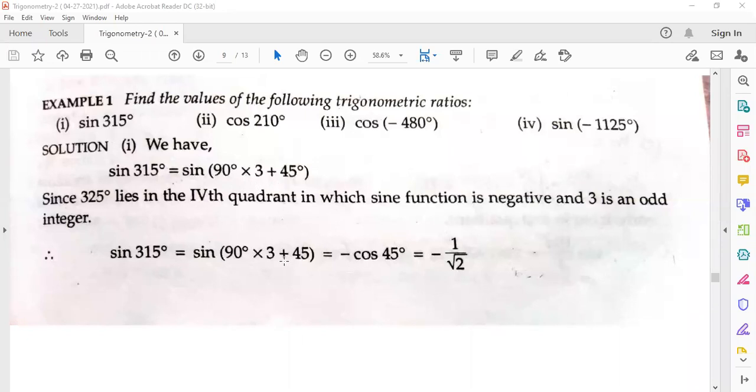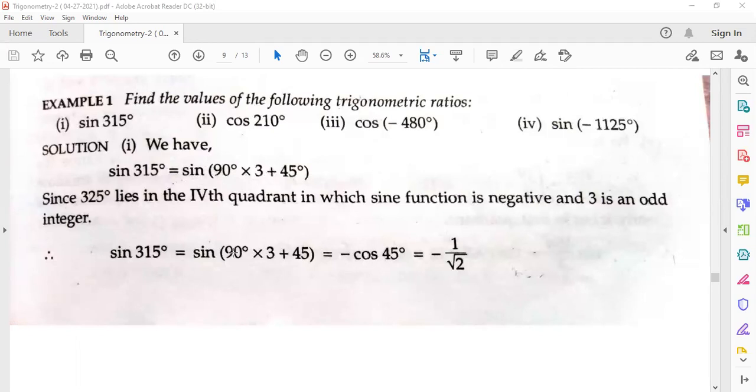According to that quadrant, we decide the positive or negative sign. Then, according to the multiple, if it is odd, sin or cos changes to its complement: sec becomes cosec, tan becomes cot. If it is even, the function remains unchanged.